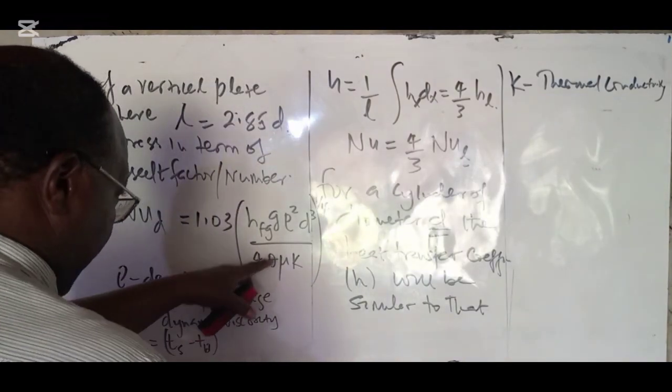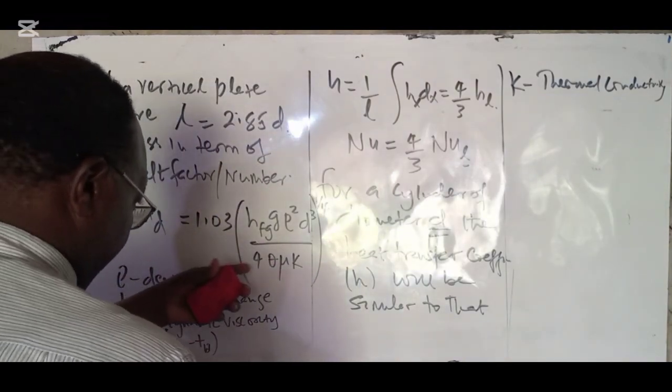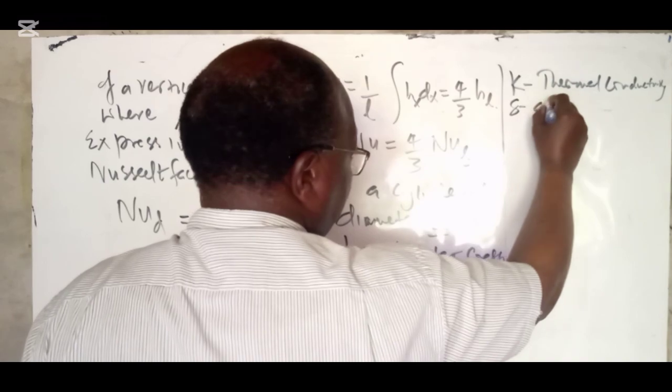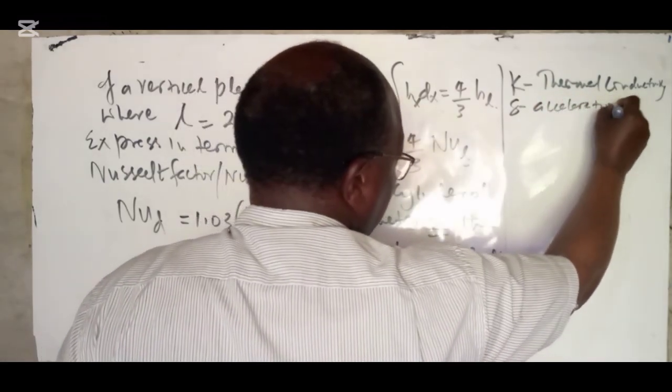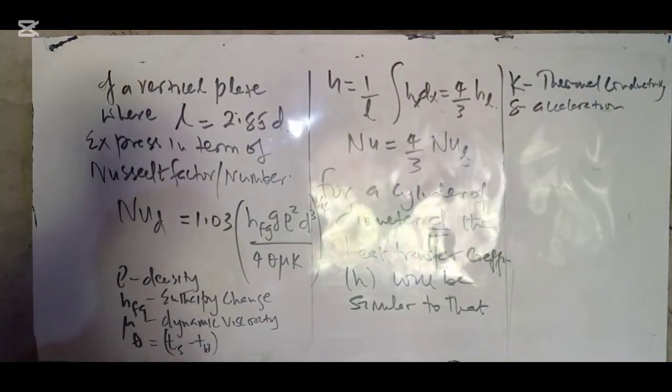What are we missing out here again? So we have basically g is acceleration. You are familiar with that.